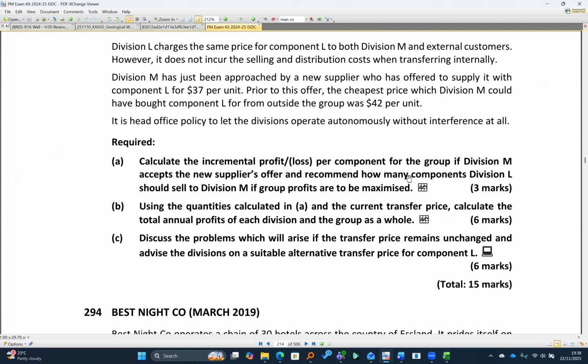And then they're asking us to recommend how many components division L should sell.